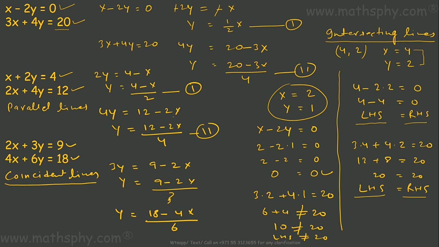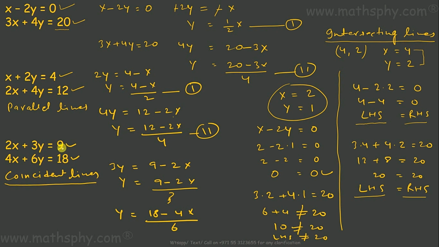Whatever x and y value makes the left hand side and right hand side of this equation equal, the same x and y value will make the left hand side and right hand side of the other equation equal also, and the other way around.